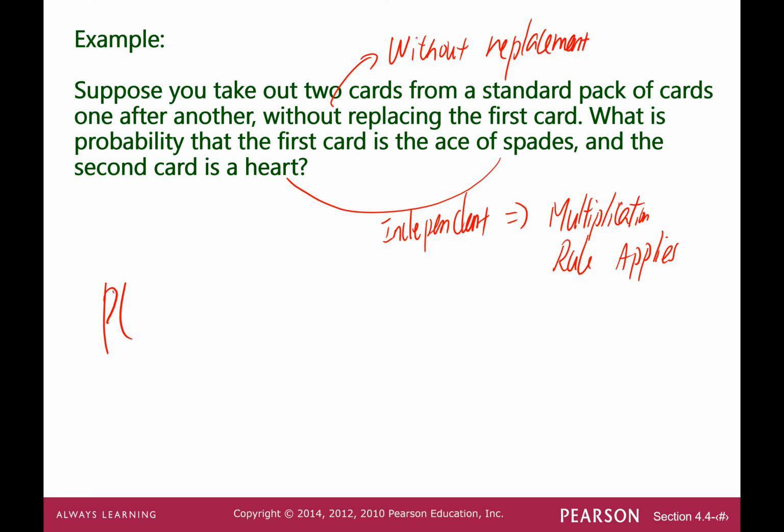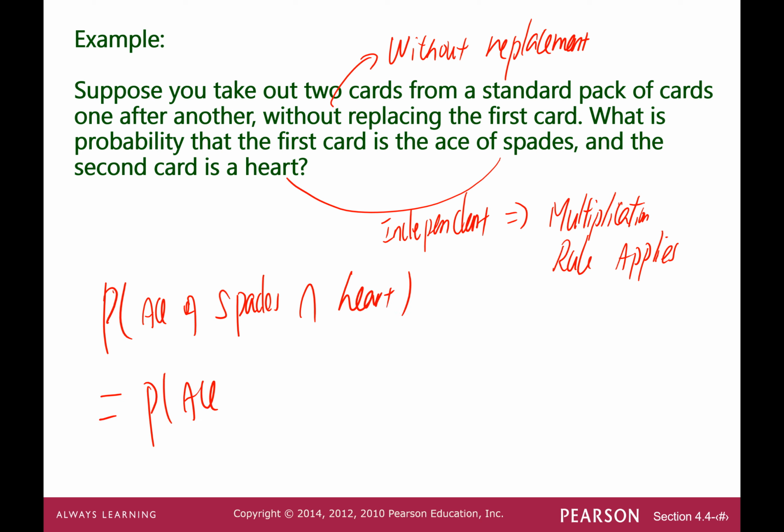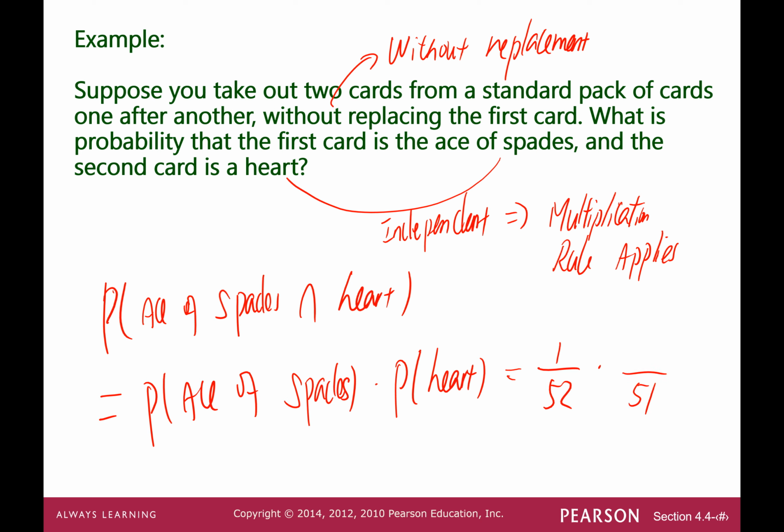So the probability of getting the ace of spades intersect getting a heart should be the probability of the ace of spades times the probability of getting a heart. The probability of getting the ace of spades, there's only one ace of spades, so it's 1 over 52. Now since you removed a card from the deck, you only have 51 cards left, and we have 13 hearts total.